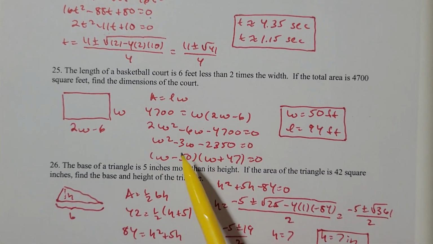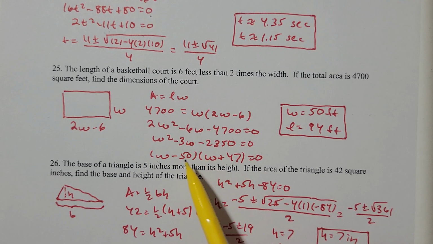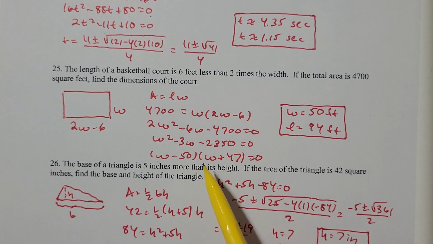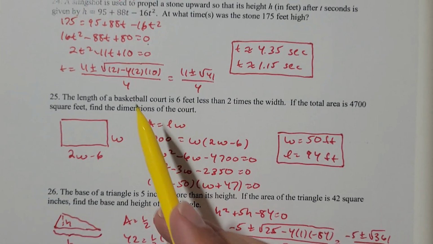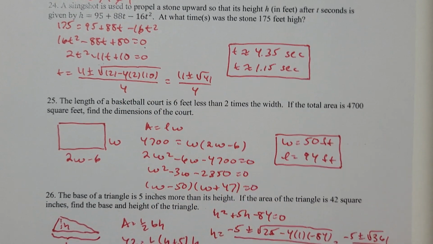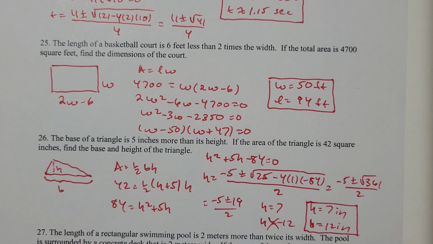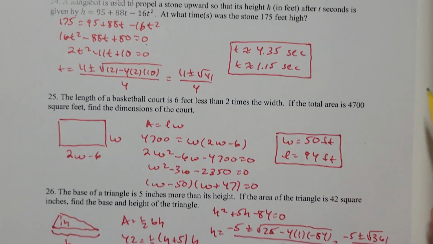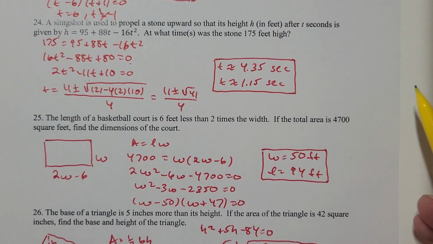Some people, when they get to this point, would factor it, and it does factor. But if we don't see the factors, then we're using the quadratic formula. The answer is still going to be the same thing. Just keep in mind that if you're using the quadratic formula, you're going to be taking a little bit longer getting the answers.